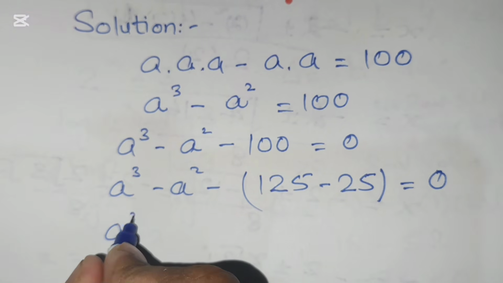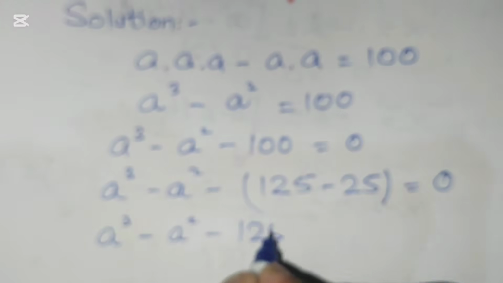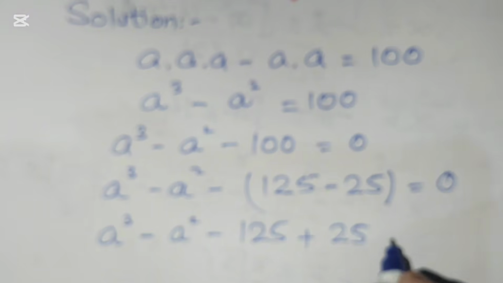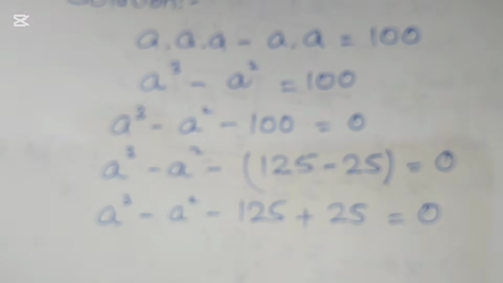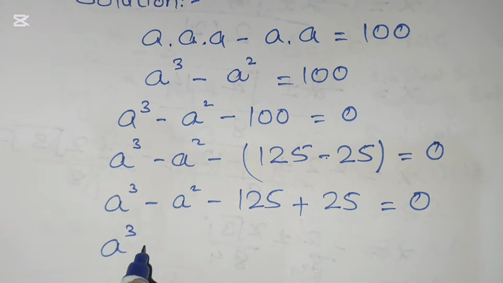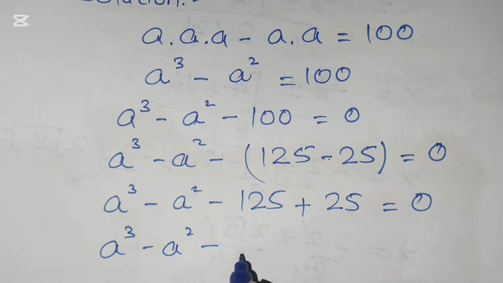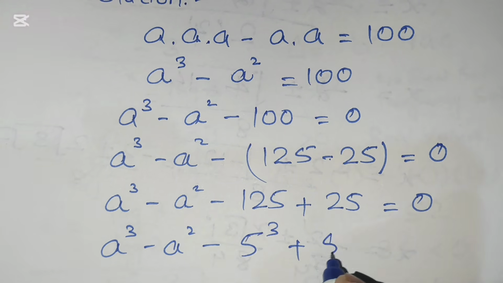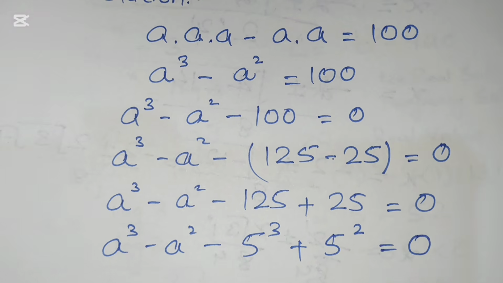We get A cube minus A square minus 125 plus 25 is equal to 0. Now we can write 125 as 5 cube, and 25 is equal to 5 square.